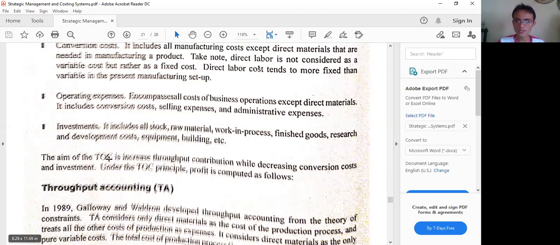So in fact, raw materials, these are parts of inventories. If this is financial accounting, for sure we would be saying this is not an investment. Yes, that is true there. But this is management accounting, so we have to respect it. Raw material, work in process, finished goods, even research and development costs.